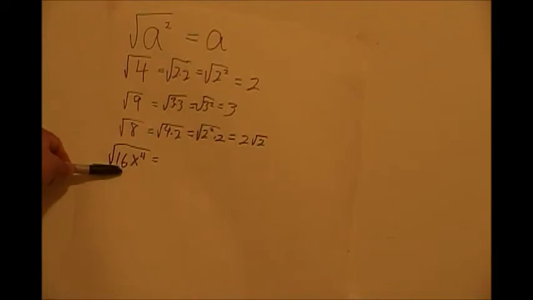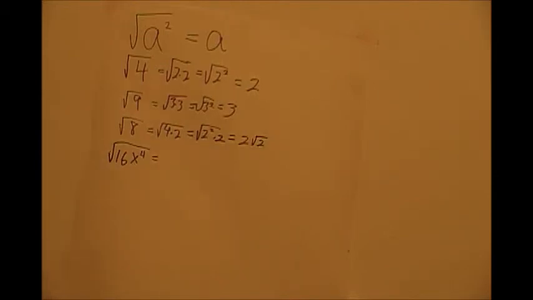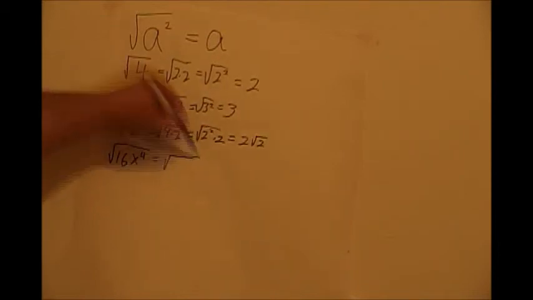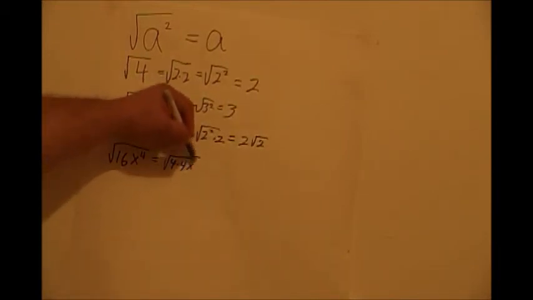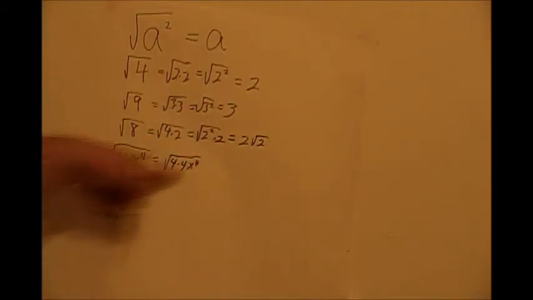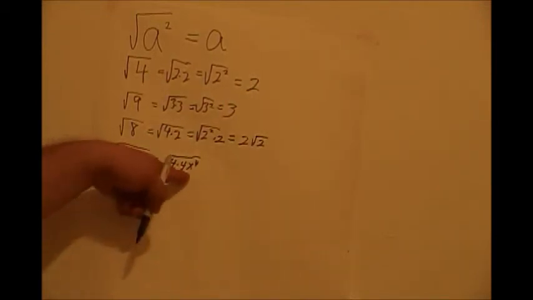Can we write 16 as a perfect square? What are the factors of 16 that you could use? 2 and 8? Are there any others? How about 4 times 4? So the square root of 16 x to the 4th is the square root of 4 times 4, and then x to the 4th. Make sure that you copy the variable term too.